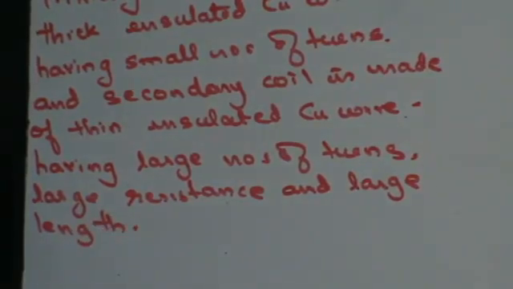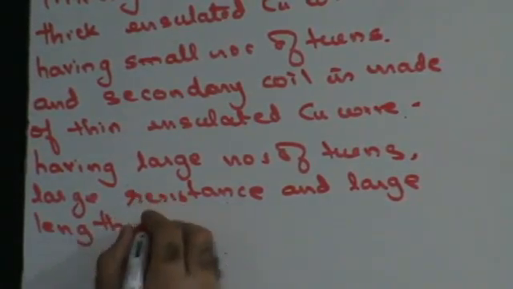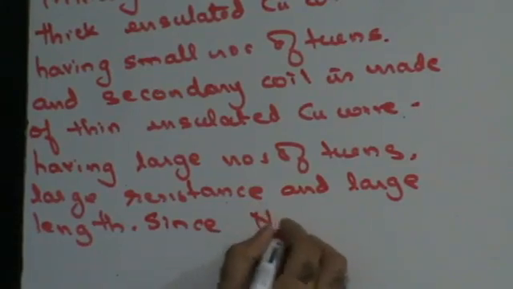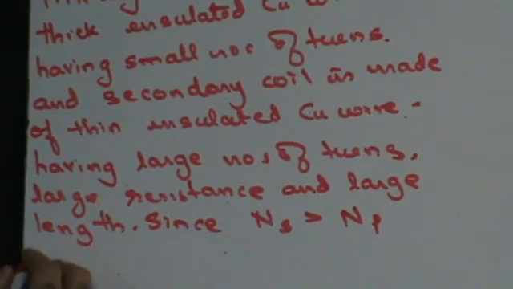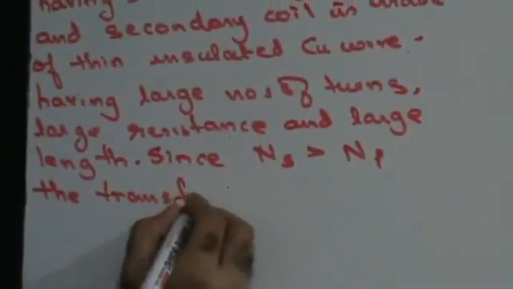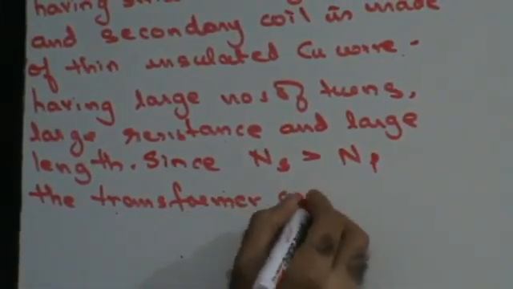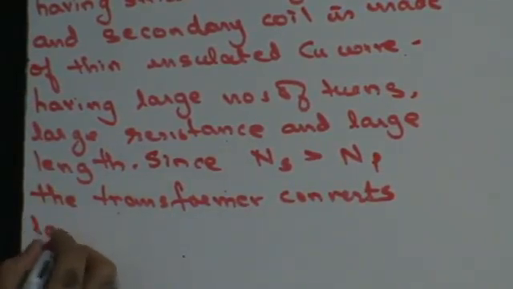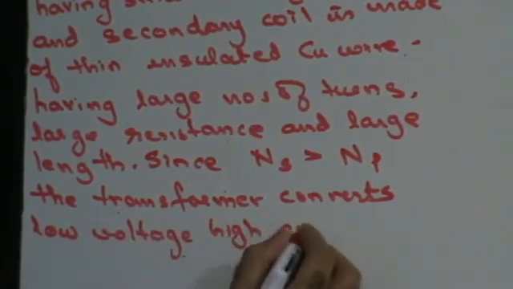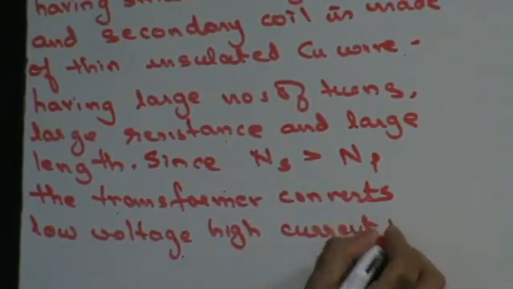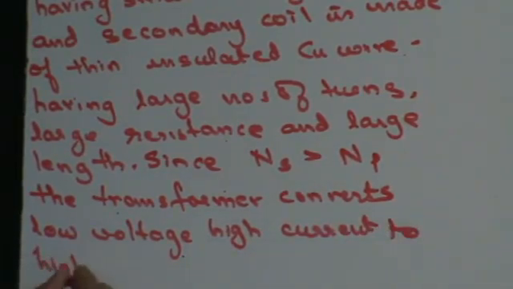Right? Now, since the number of turns of the secondary are greater than the number of turns of primary, the transformer converts low voltage high current to high voltage low current.